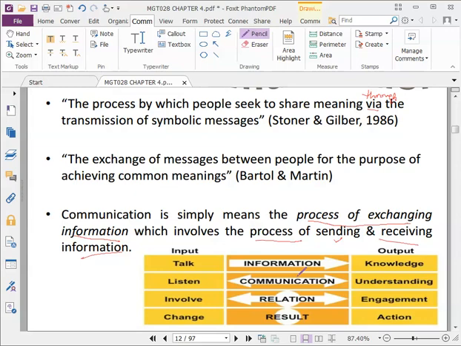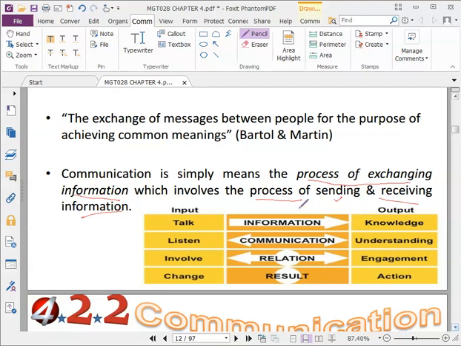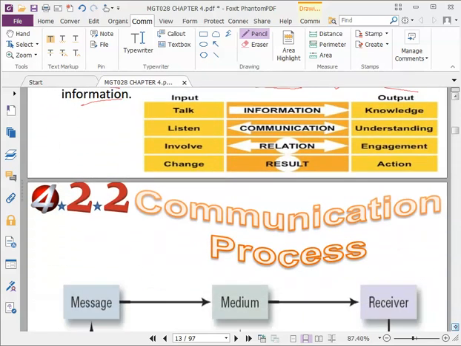So kalau dua-dua belah pihak, that is the communication process. Input for talk is information, output is knowledge; listen is communication, understand, involve, relation, engagement, change, result, action. Itu antara input dan output dalam communication.